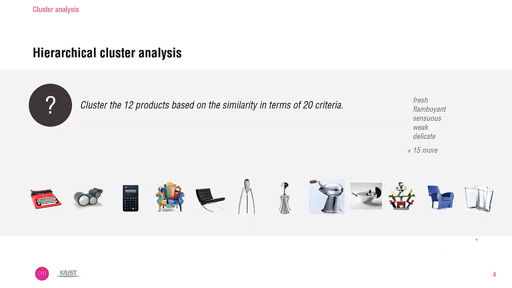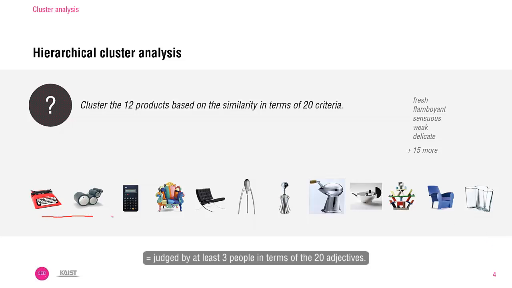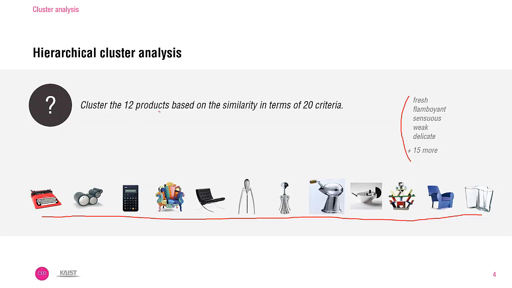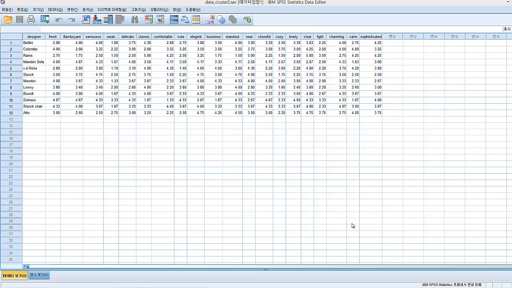From the survey data, which you already have, I have collected 12 products which had at least 3 evaluations. Based on those evaluations on the 20 adjectives, we could cluster these products into several groups.